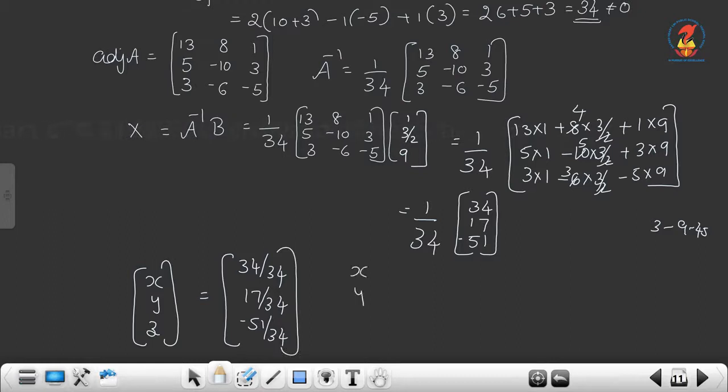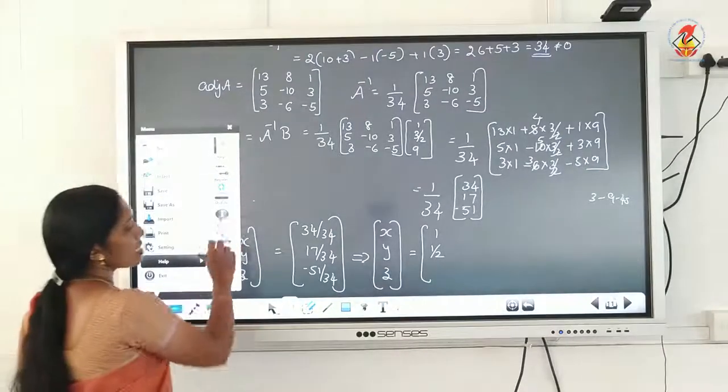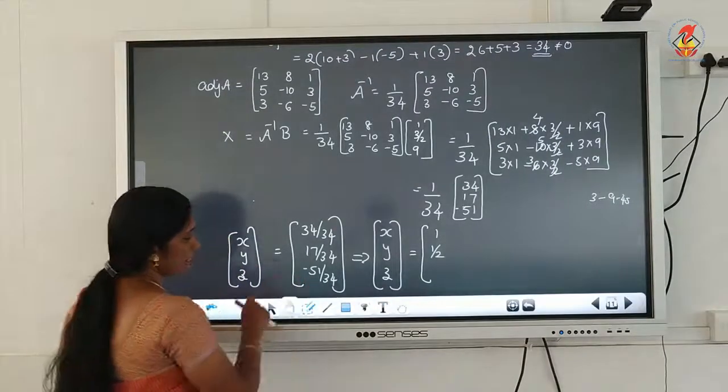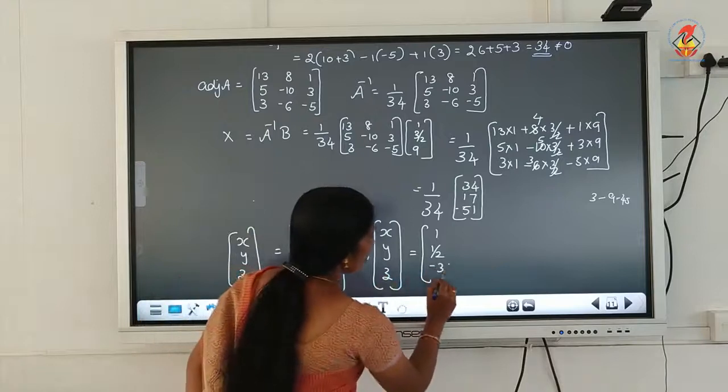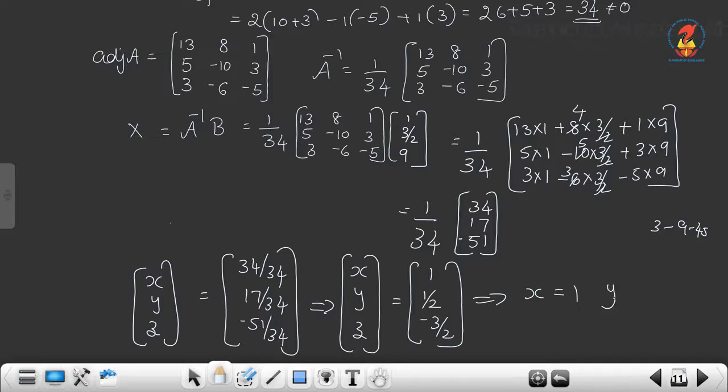So x, y, z, which implies 1, 1 by 2, and 51 by 34, 51 is 17 into 3, this is 17 into 2, so minus 3 by 2. So which implies x is equal to 1, y is equal to half and z is equal to minus 3 by 2.